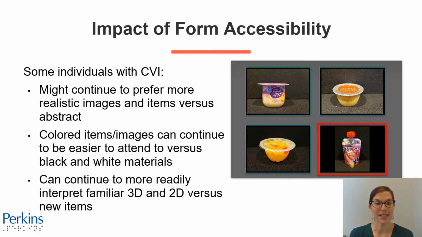Some individuals with CVI might continue to prefer more realistic images and items versus the abstract versions. Colored items and images can continue to be easier to attend to versus the black and white materials. And they can continue to more readily interpret familiar three-dimensional and two-dimensional materials versus those novel, newer items.